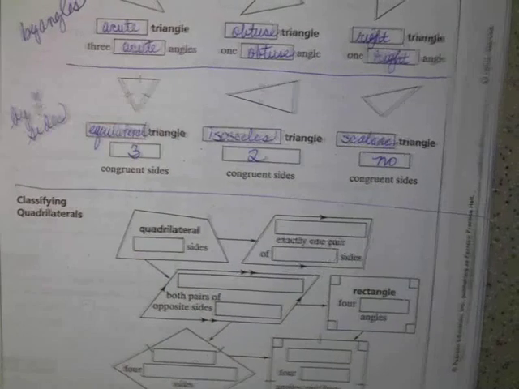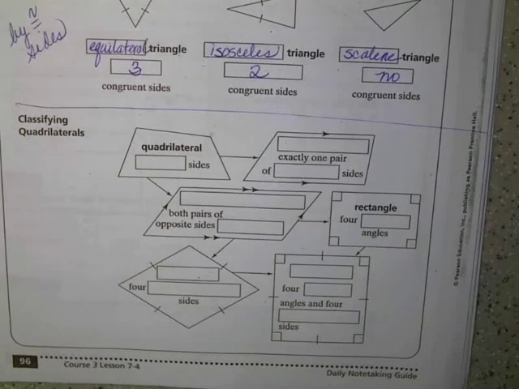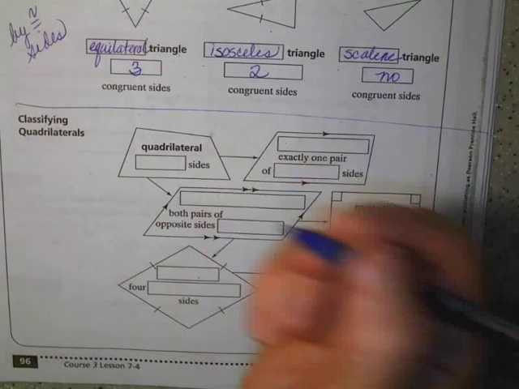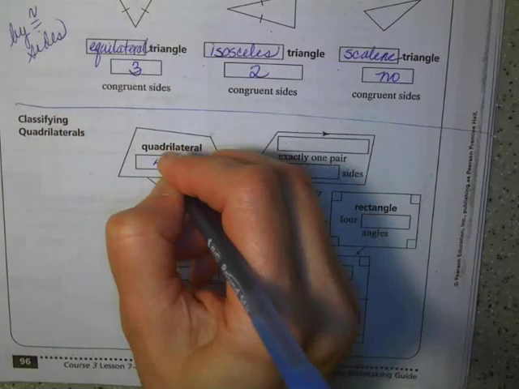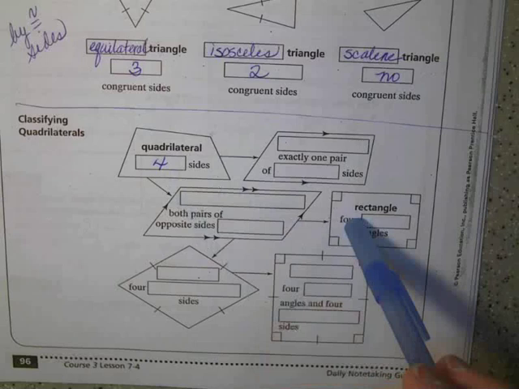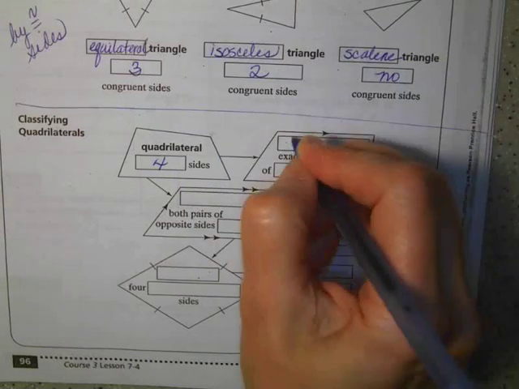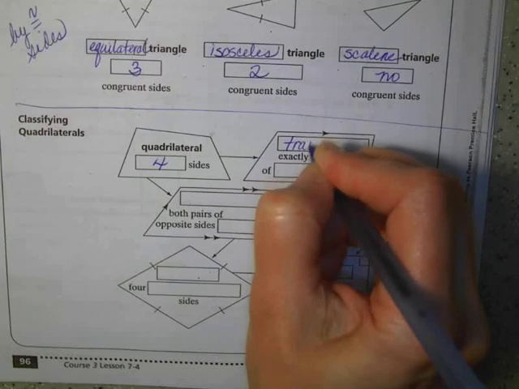Okay, and now we have our quadrilateral family. First of all, a quadrilateral simply has four sides. And then from that, we branch off in a couple of directions. We'll go to the right here first because this one is unique.